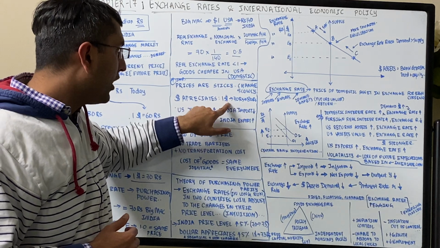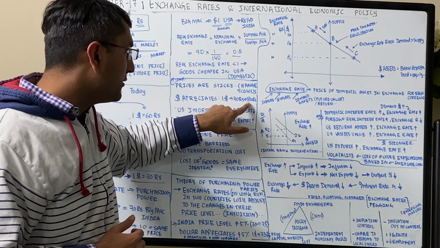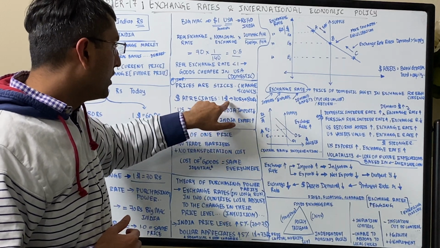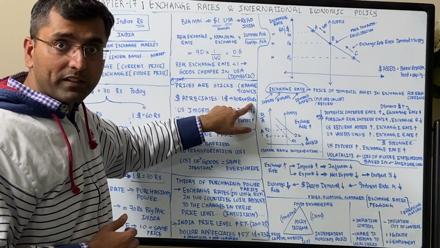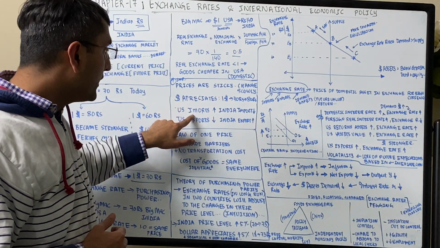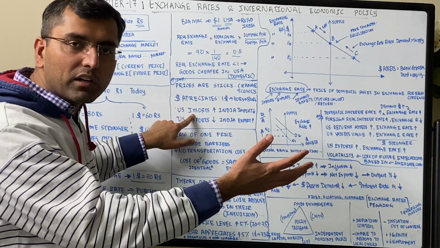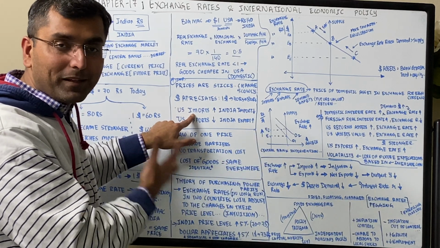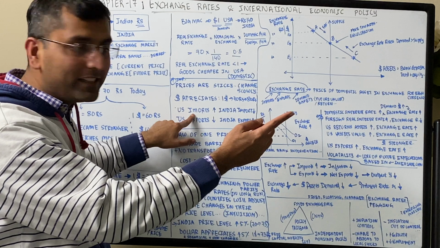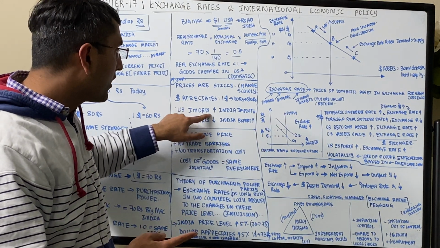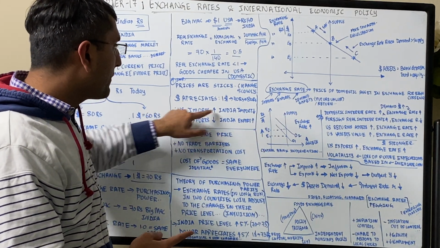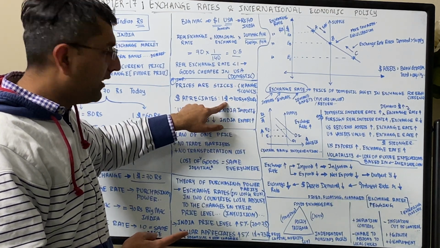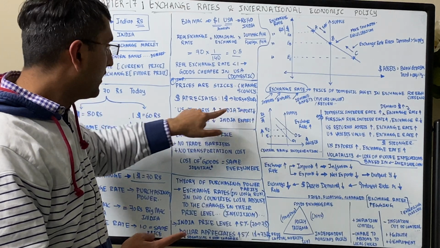So if the dollar went from 70 rupees to 80 rupees, what happens? Think about this. The same dollar fetches more rupees, right? So for the people in the United States, it became cheaper to buy goods from India, right? Because let's say the buns got expensive in the US, but they are not expensive in India, so they're going to start importing more. So the US imports will go up because the dollar appreciated from 70 to 80 rupees.